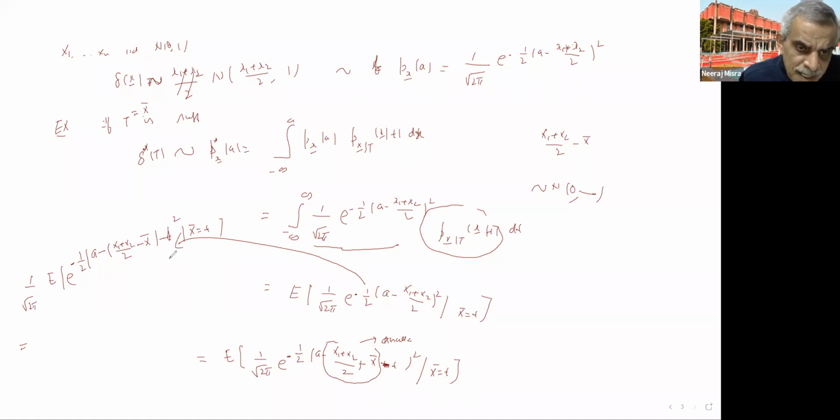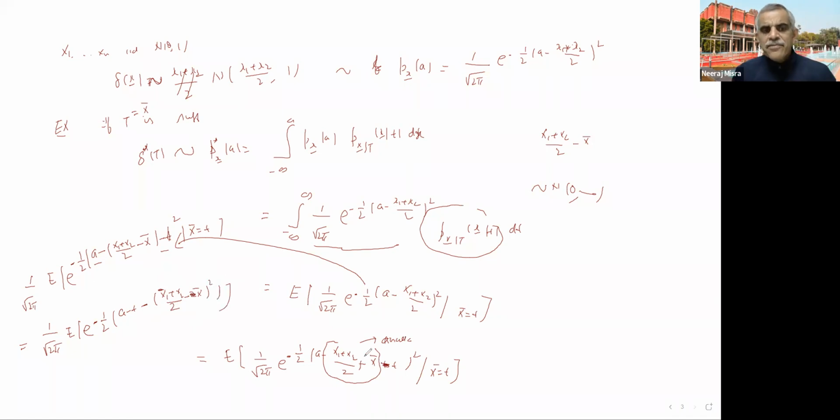Now this is ancillary. This is a complete sufficient statistic. So this conditional expectation would be the same as the unconditional expectation. So this is the same as 1 by root 2 pi, expected value of e to the power minus half a minus t, x1 plus x2 by 2 minus x bar, whole square. Is that okay?